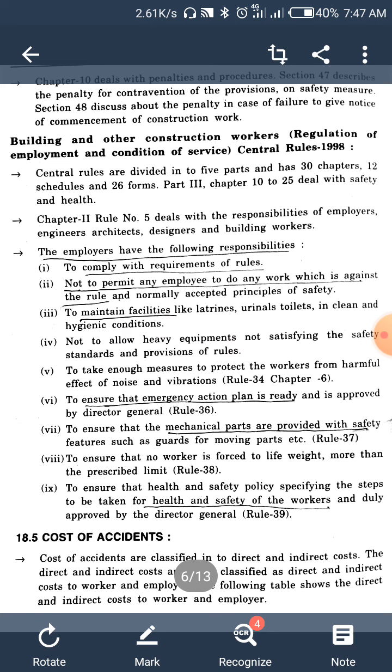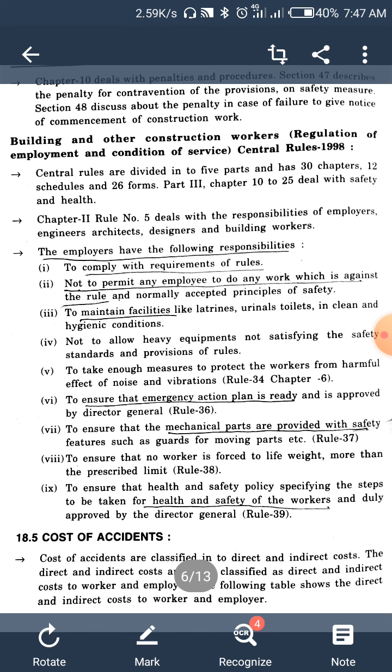Fourth is not to allow heavy equipment not satisfying the safety standards and provisions of the rules. And fifth is to take enough measures to protect workers from harmful effects of noise and vibration.